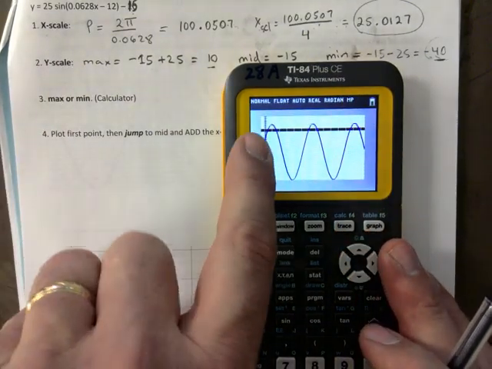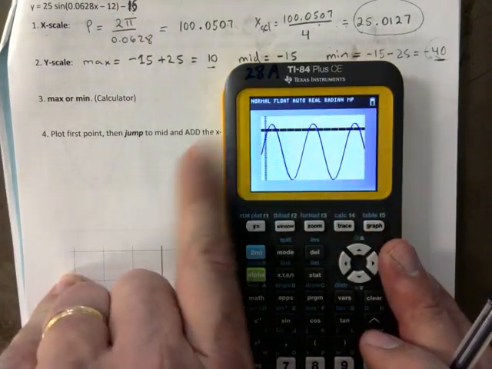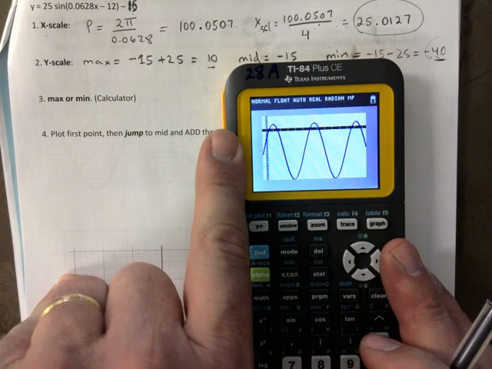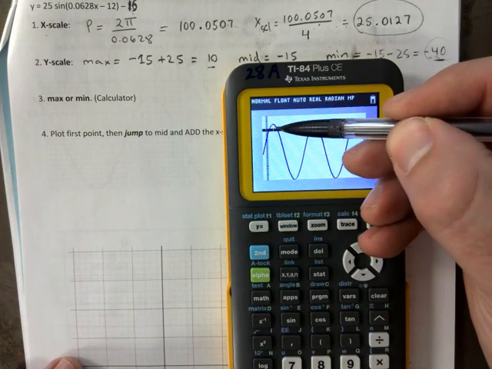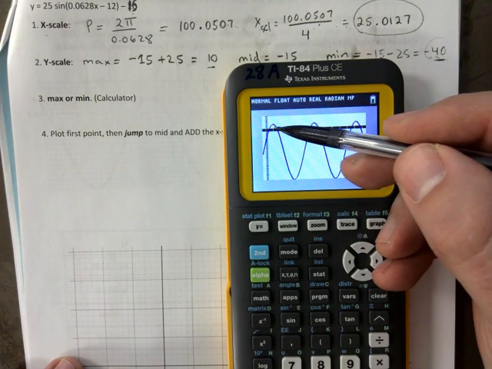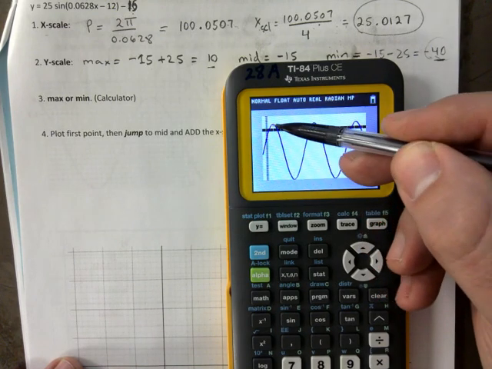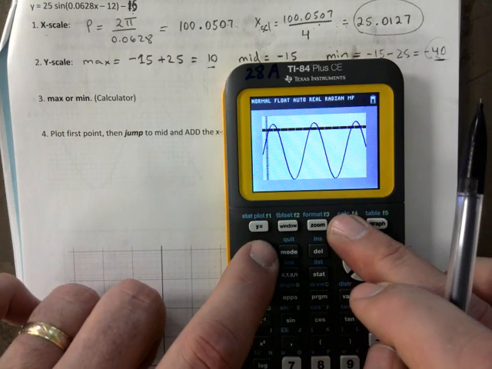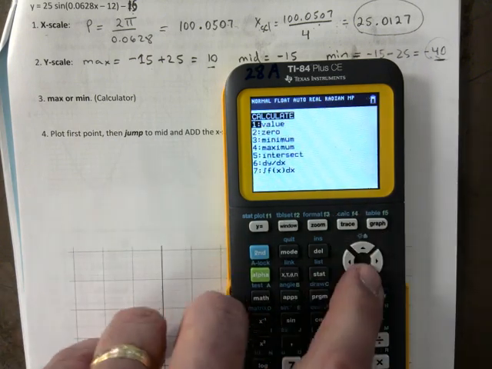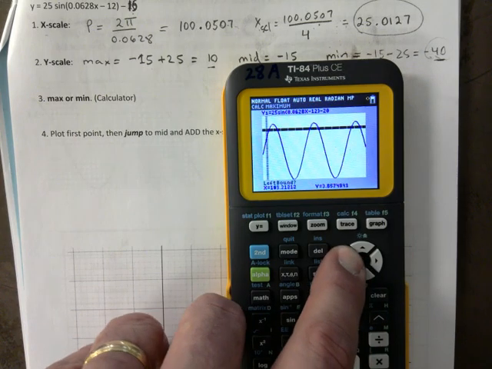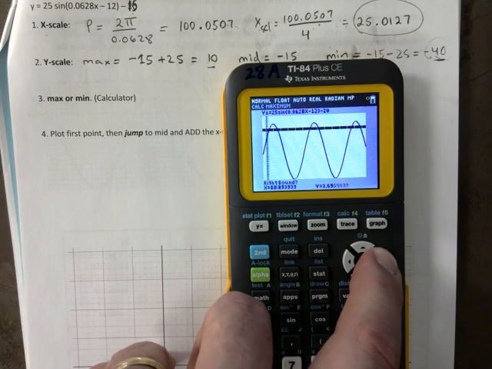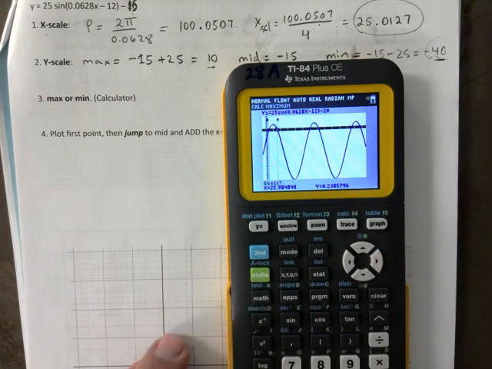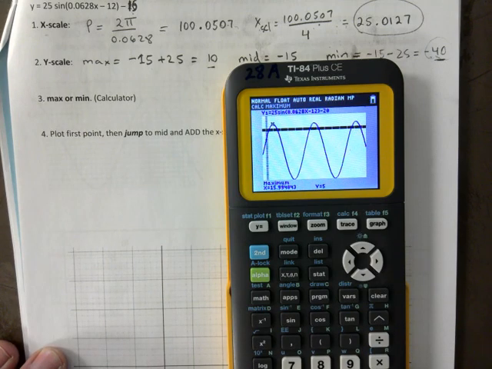So you're like, Mr. Jackson, what about the negatives? Don't you care about the negatives? Yeah, you could, but I tend to focus on the positives. So find the first positive, or the first max or the first min. I'm going to figure out the first max. So you go second trace, max. I have to go to the left of it, enter, over to the right, enter, enter. And there it is.